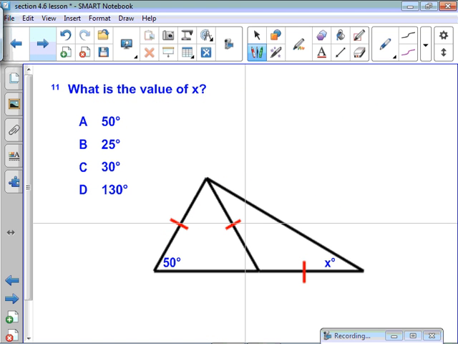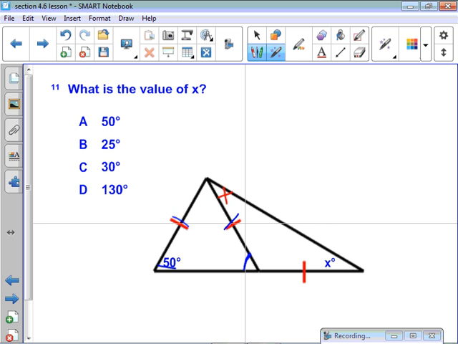on to this one. What's the value of x? Well, let's look right over here. We've got x here. These two lines here tell us that the opposite angles, that one and that one, have to be the same. So I can go ahead and label this one x. So I know that x is there, and we can kind of do the same thing over here. These two are the same, so this and this have to be the same.